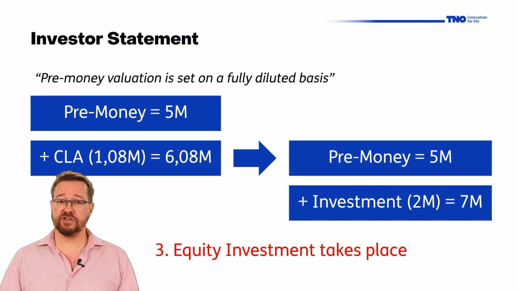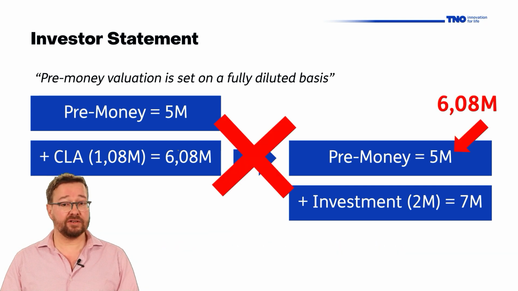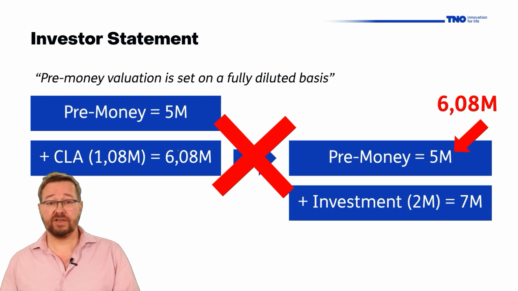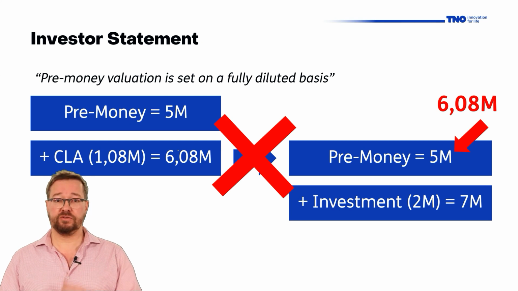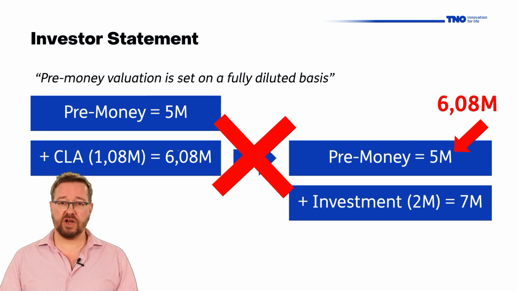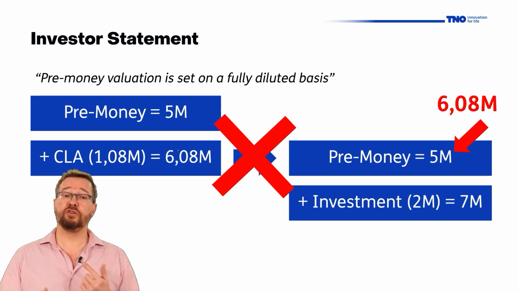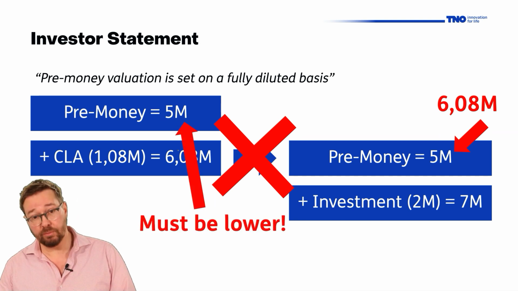But when the conversion takes place, the pre-money automatically increases. After all, a conversion is effectively an equity investment, and the pre- and post-money cannot be the same when an equity investment takes place. So in order to end up with a post-money valuation equal to the price agreed upon with Newcap Invest, the conversion has to take place at a lower pre-money.